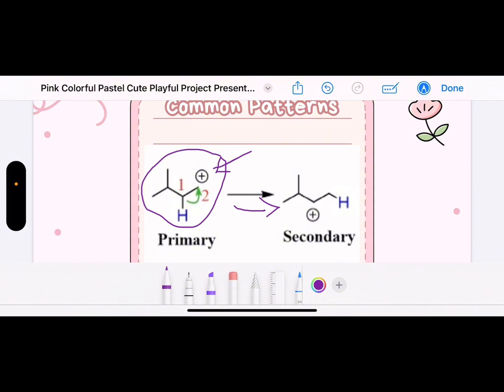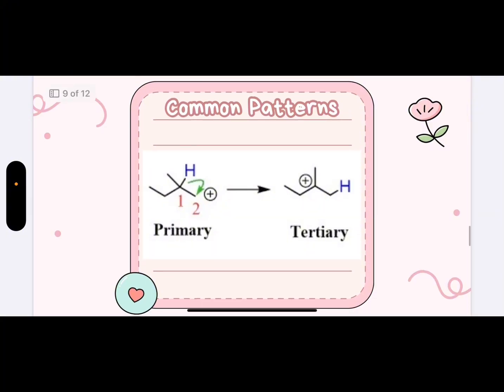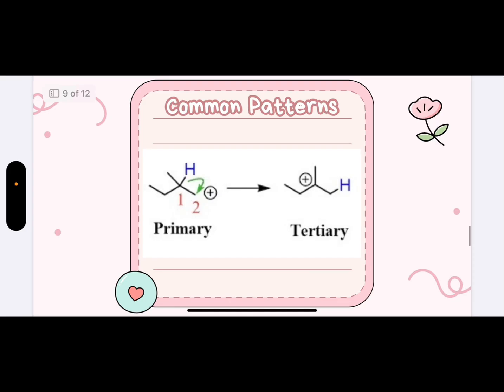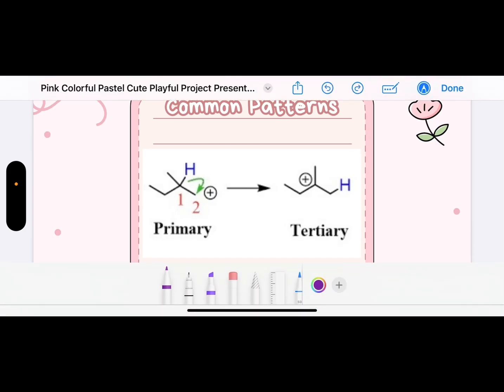Ang H here before ni transfer siya diri sa primary ay sa secondary here kani mao ni ang sunod na pattern guys. Ang primary kay mo shift sa tertiary na carbocation.